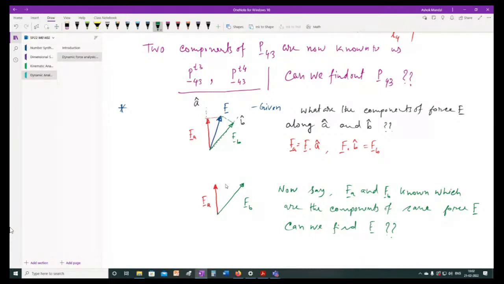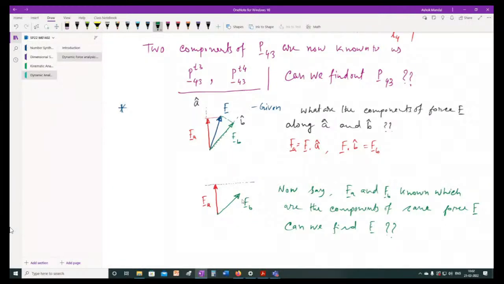Yeah. So what we need to do is draw perpendicular lines from the heads of each vector, right? So this is a problem which, let's draw it again. Suppose this is it.